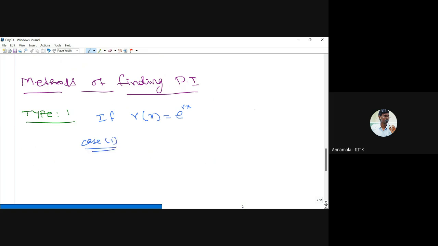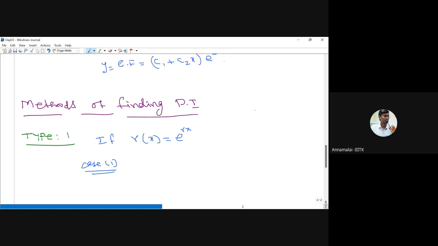Actually the given equation we can write in the form f of D into y equal to r of x. What is the given equation? Maybe it is of the form (a D² plus b D plus c) y equal to r of x. This is the given second order equation. Now we call this f of D. Therefore, y equals r of x by f of D. That is the particular integral.